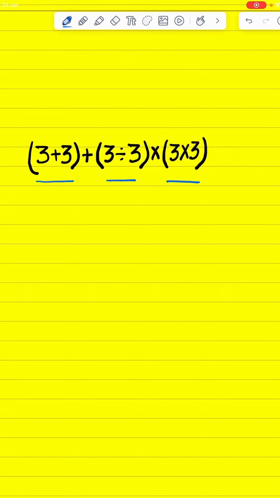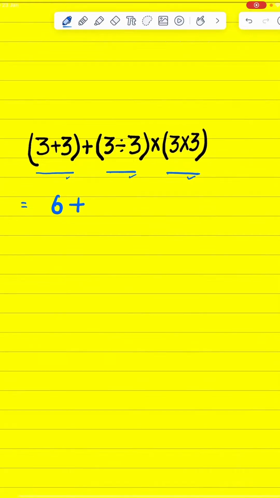So what we can do here is solve all these three brackets simultaneously, because they all are smaller brackets and they are separated by different operations. So 3 plus 3 gives you 6, then write plus, then 3 divided by 3 gives you 1, write 1, and then times, and 3 times 3, 9.